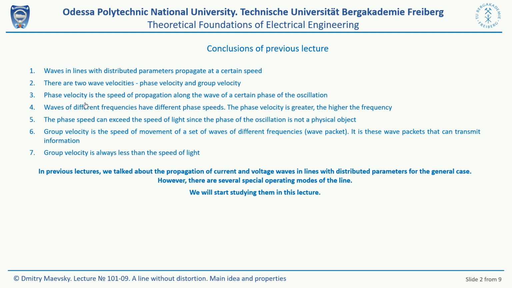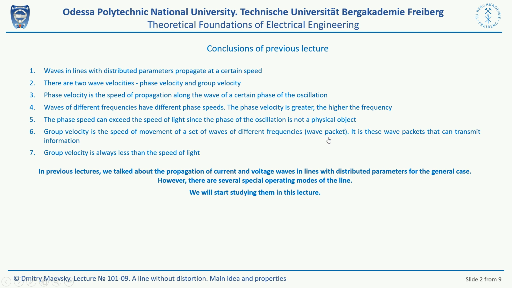But as we remember from the lectures on circuits with non-sinusoidal AC current, such oscillation can be represented as a sum of several sinusoidal oscillations of different frequencies. Thus, we already have not one wave, but a group of waves, a so-called wave packet.